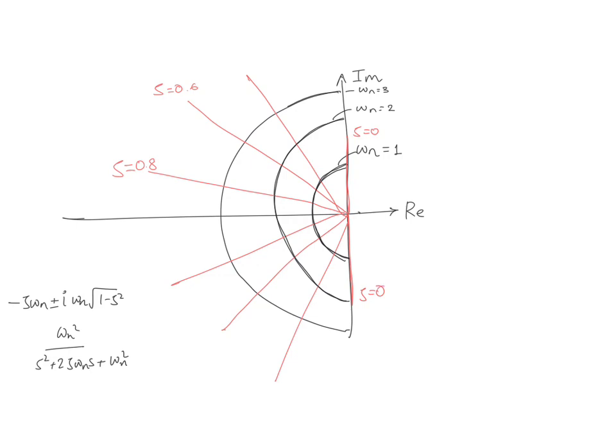These are symmetric on both sides, on the top and bottom half of the real line. Zeta keeps decreasing as we go along, and it doesn't decrease linearly, it has a tangent inverse relationship, so you'll have to plot it. But you can figure out the actual numbers later on, and it's very easy to do. This would be, for example, zeta equals 0.4 or something like that.